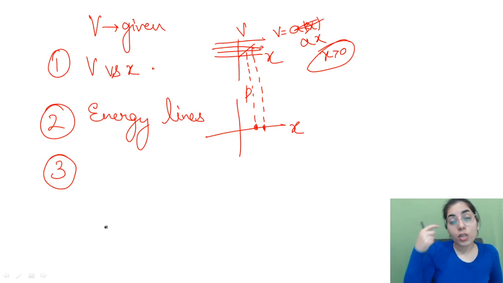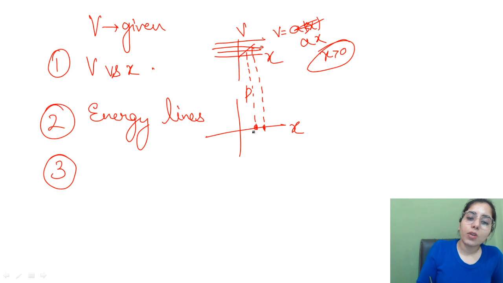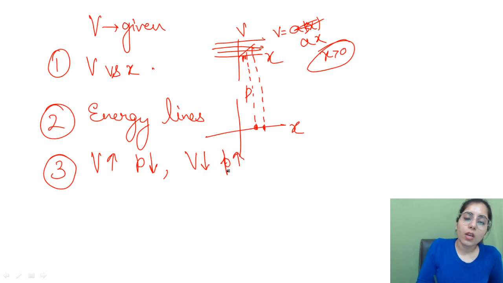The next thing you need to observe is whether, when you are increasing the values of x, the value of v is increasing or not. Wherever v is increasing, the momentum in the momentum versus x graph will decrease. Wherever v is decreasing, the momentum will increase. Wherever v is constant, the momentum will be constant too.